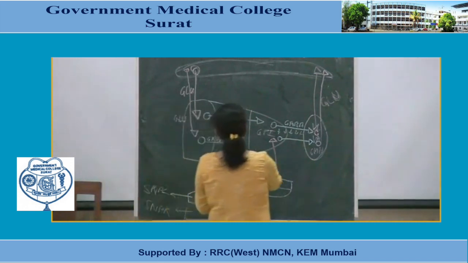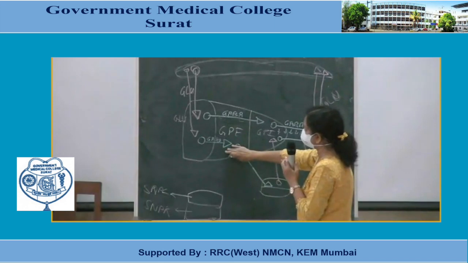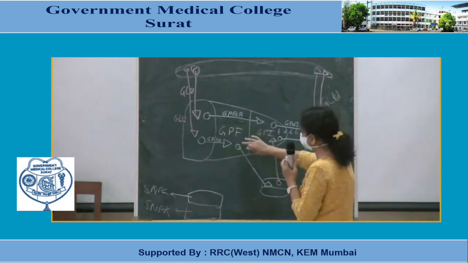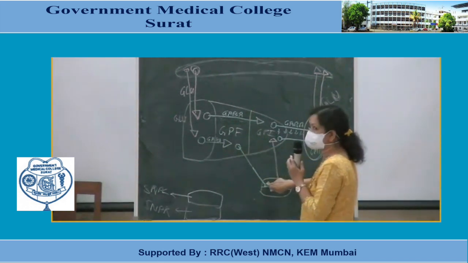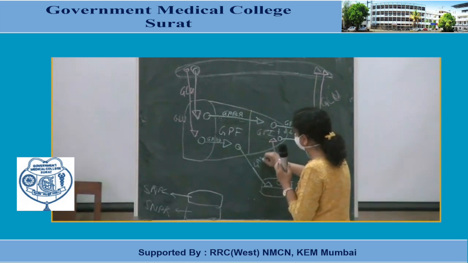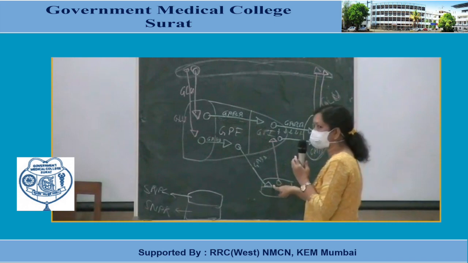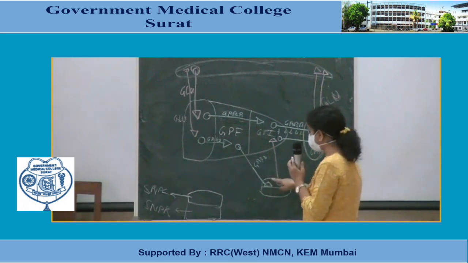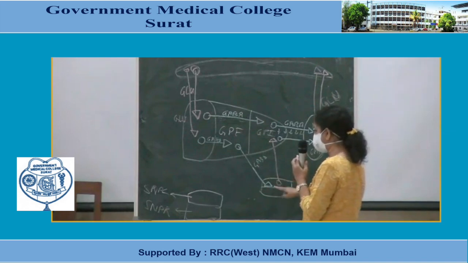Now, whenever there is increased secretion from these fibers, they will stimulate these GABAergic fibers, and there will be increased secretion of GABA in the subthalamic nucleus. If there is increased secretion of GABA in the subthalamic nucleus, what will it do?